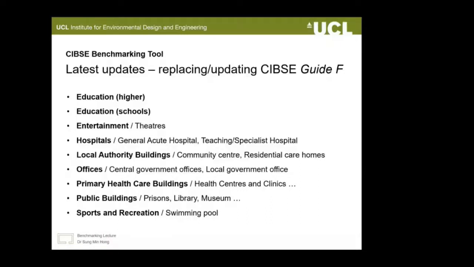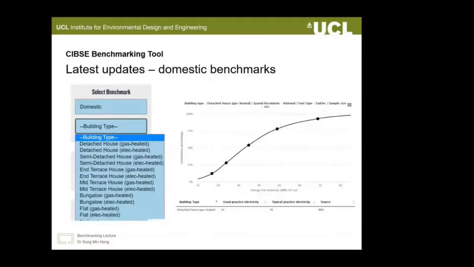We have updated energy benchmarks for primary and secondary schools. We have also introduced lots of other benchmarks based on display energy certificate data. And the last development involves introducing diversity benchmarks, which I believe is the first of its kind in the UK.